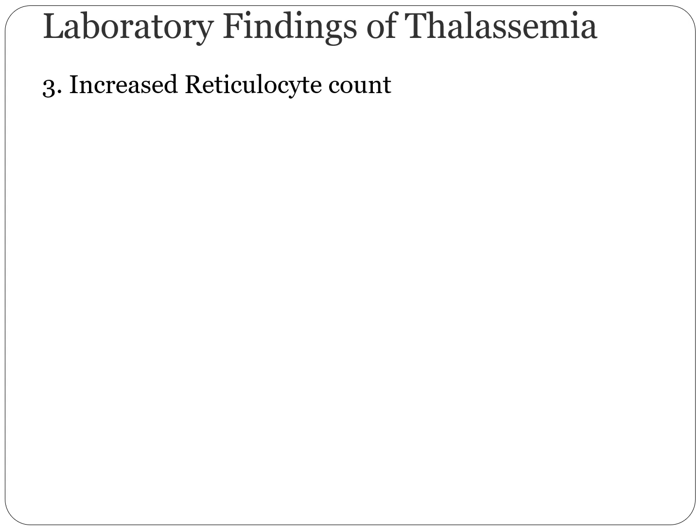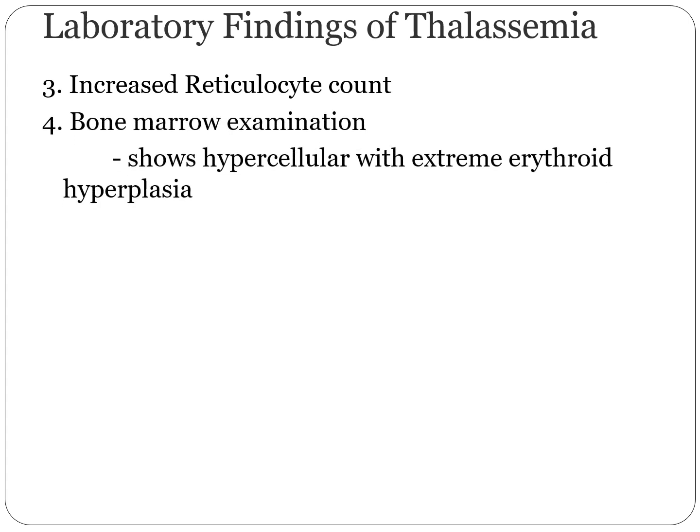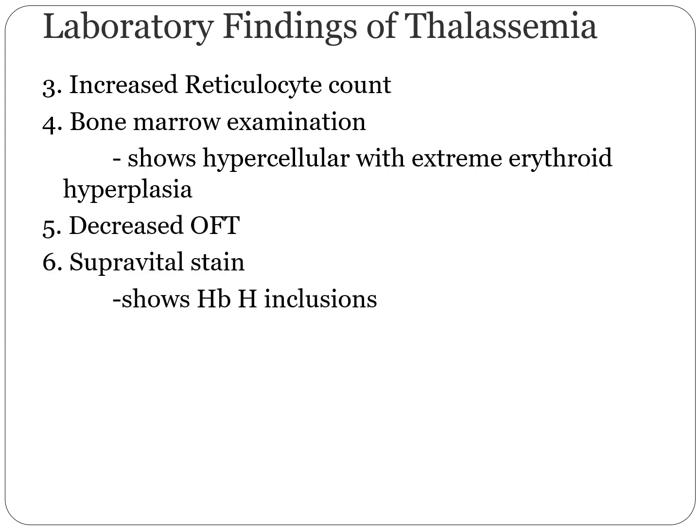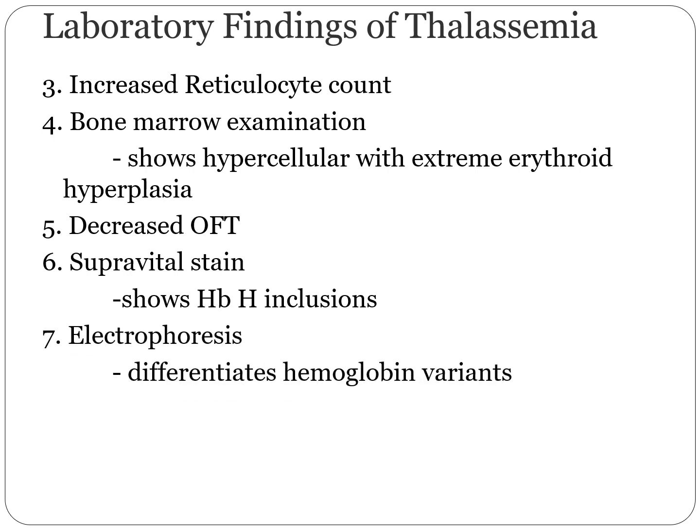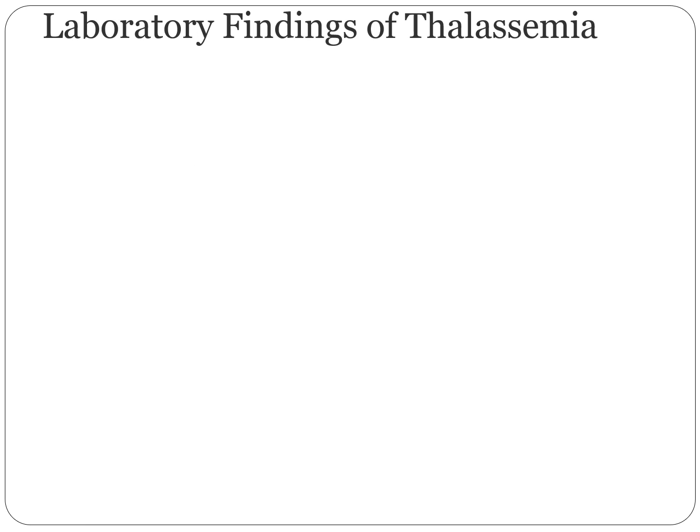Increased reticulocyte count. This indicates that the bone marrow is responding to a hemolytic process. Bone marrow examination will show hypercellularity with extreme erythroid hyperplasia. Decreased osmotic fragility test, supravital stain, okay, and then we have the electrophoresis. We also have the spectrophotometry.